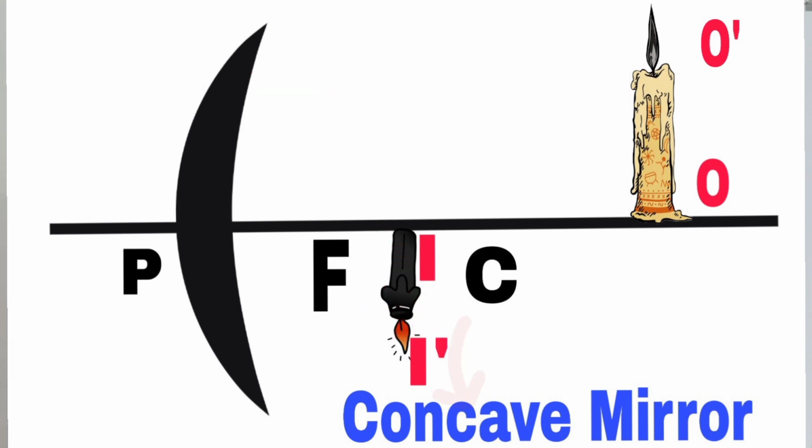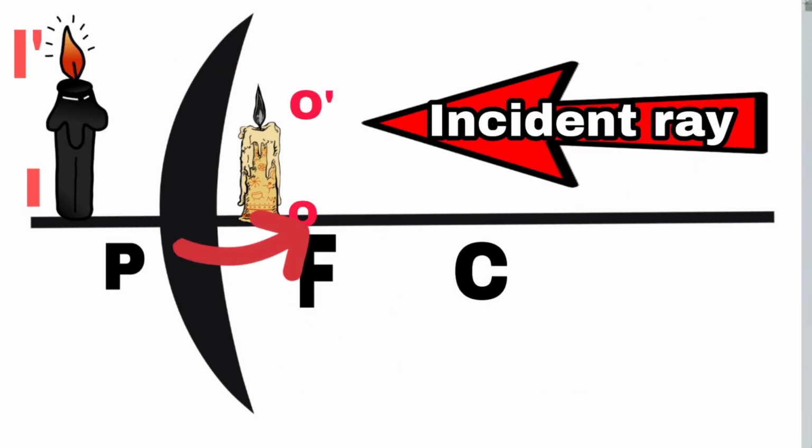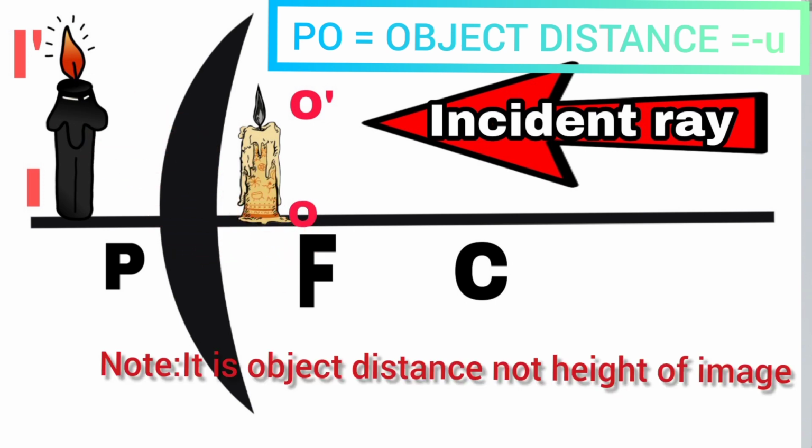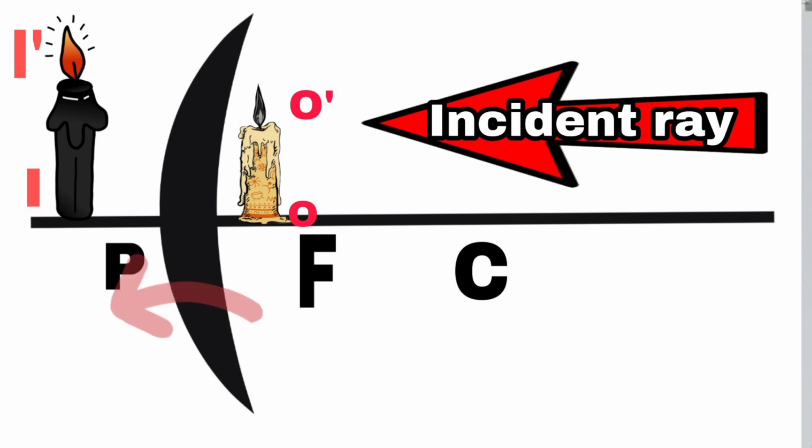Coming to this diagram, PO is nothing but the object distance, which is denoted by u, measured opposite to the incident ray. The image distance PI is in the same direction as the incident ray, so you should take it as positive v.